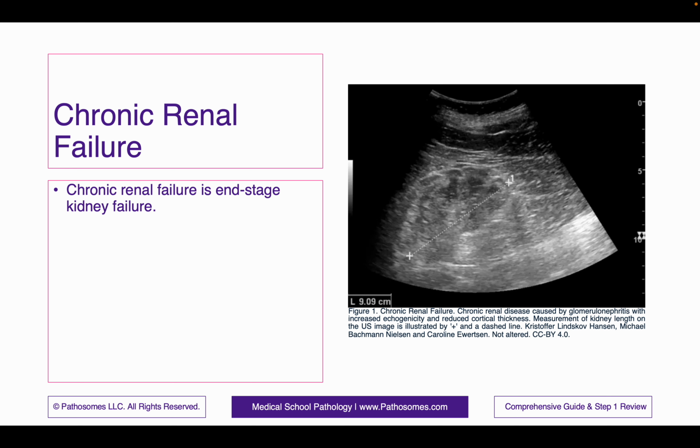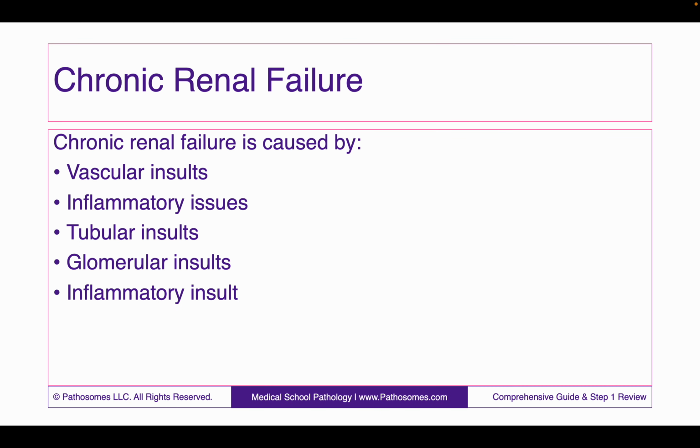Now, chronic renal failure. What is that? Well, simply put, chronic renal failure is end-stage kidney failure, right? We don't want our patients to get to this stage, right? Chronic renal failure is caused by vascular insults, inflammatory issues, tubular insults, glomerular insults, and even other inflammatory insults, right?